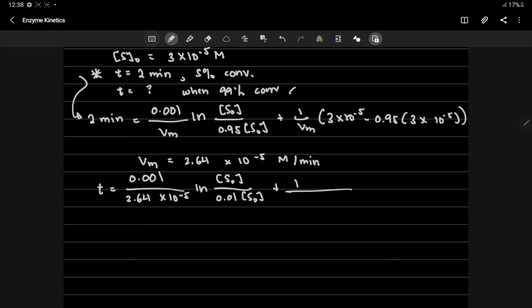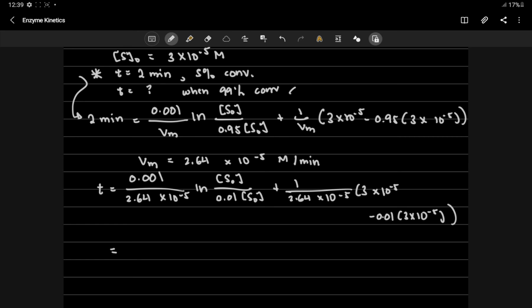So again, meron tayong Vm, 2.64 times 10 raised to negative 5 times. So, initial mo, 3 times 10 raised to negative 5. Ang final mo is 0.01. Okay, so we'll be able to calculate the time required.